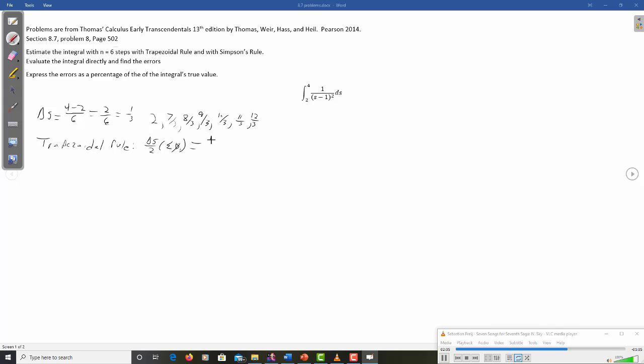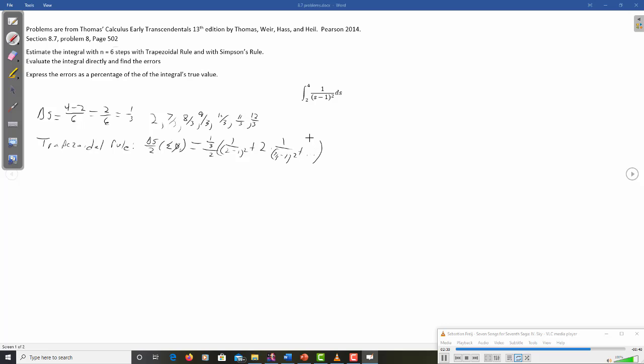So that would be 1/3 over 2 times, well, here's our function, 1 over x minus 1 squared, so it'll be 1 over 2 minus 1 squared plus 2 times 1 over 7/3 minus 1 squared, etc.